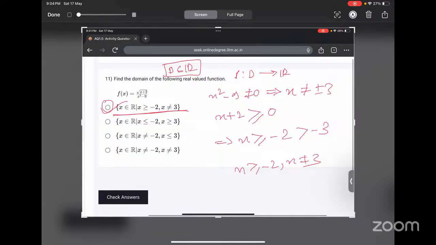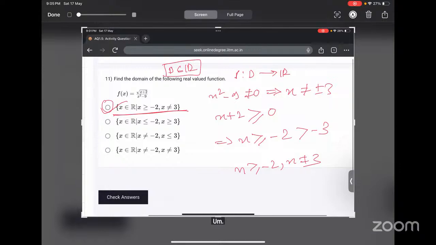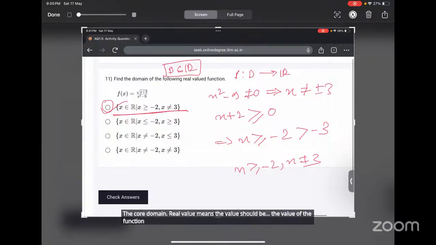Any doubt in this question? How do you indicate that the codomain also has to be a real number without actually writing the domain of the following real valued function? Real valued means the value of the function is real.